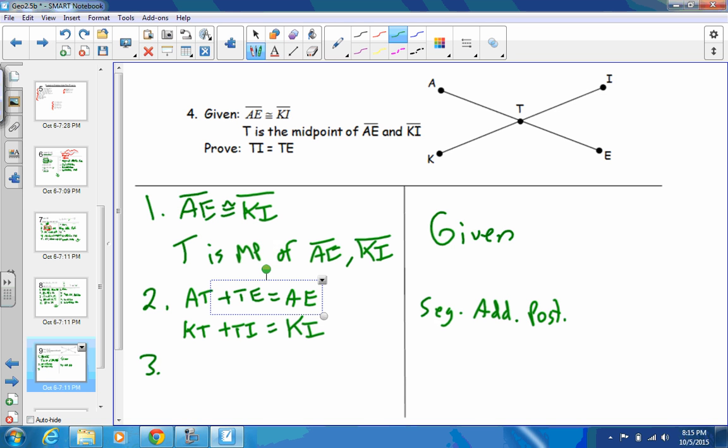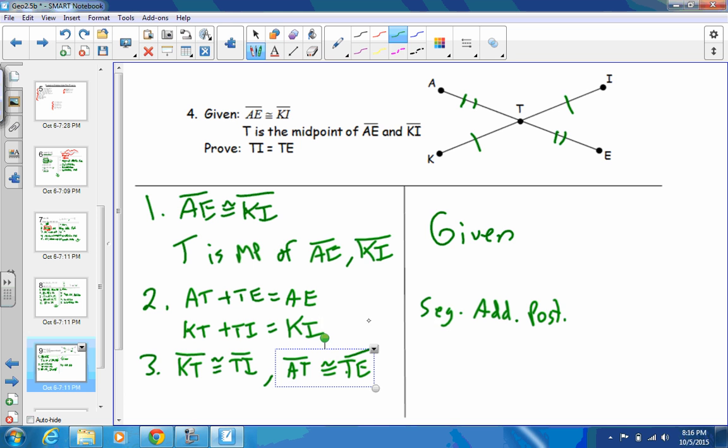Let's see if we can do anything. What else do we know from the given? Well, we can say that KT is congruent to TI if T is the midpoint. Technically we have to say that they are congruent first, and that segment AT is congruent to segment TE.